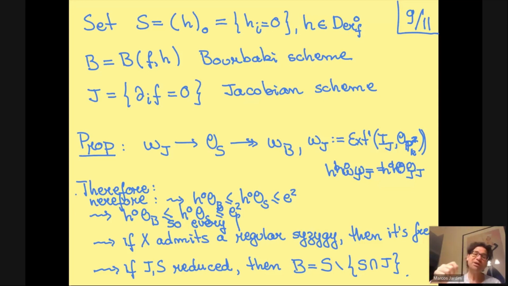But this vector field may also have some zeros away from the curve. And these zeros of a tangent vector field away from a curve are precisely the Bourbaki scheme. So the Bourbaki scheme gives you the zeros of a vector field that is tangent to the curve, which do not lie on the curve. That's the geometric interpretation of the Bourbaki scheme.